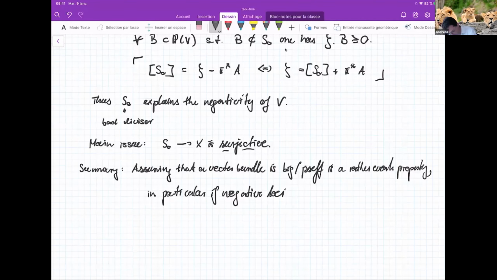If negative loci surject onto X, that's the summary.